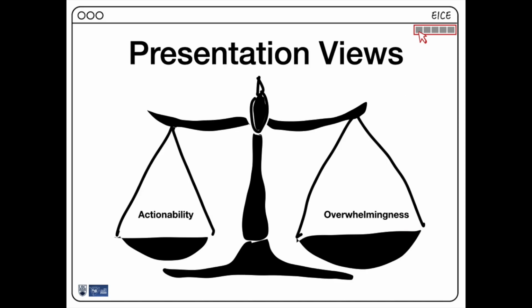When determining how to integrate an external information source into the source code editor, developers need to balance the actionability of the information with the overwhelmingness of the visual representation.